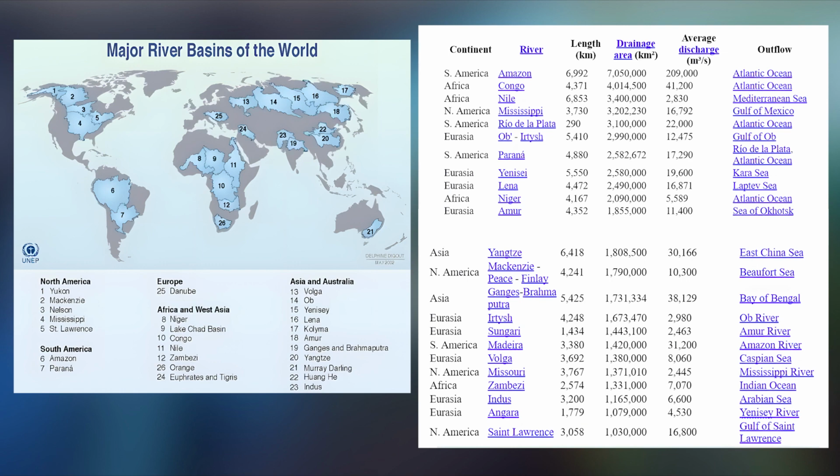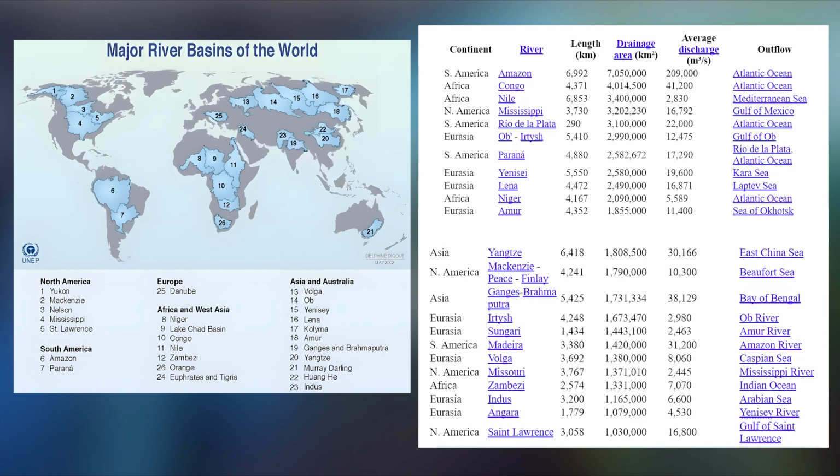So as points of comparison, the Nile is about 3,000 cubic meters per second, and the Mississippi about 17,000. The Amazon River and its various tributaries discharge about 210,000 cubic meters per second. That's more than 10 times the Mississippi River.